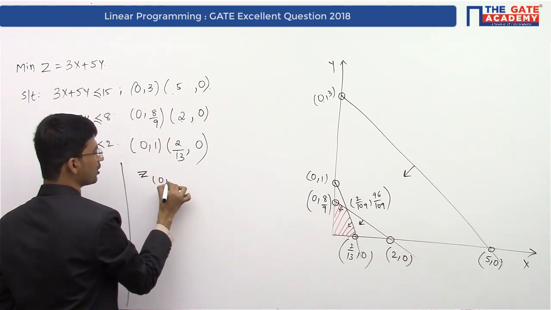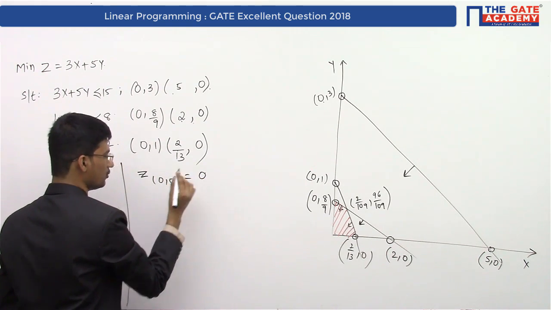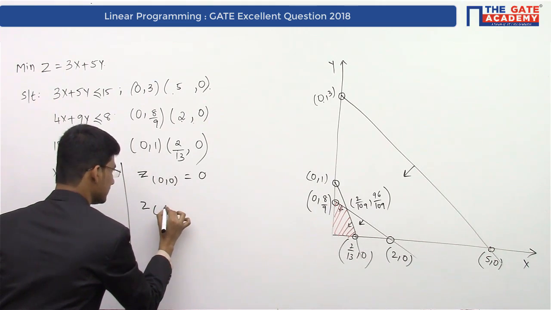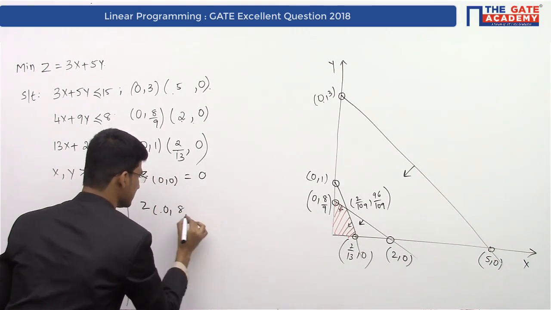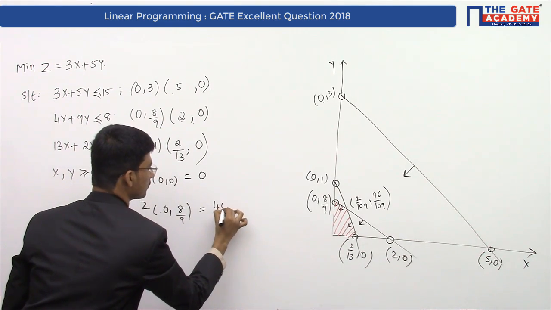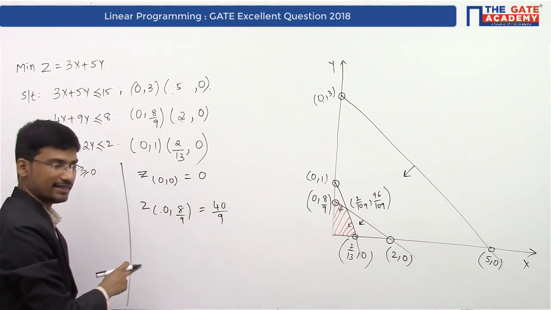So now z at 0, 0 will be 0. Now z at 0, 8 by 9, which is this point, is given by 40 by 90.